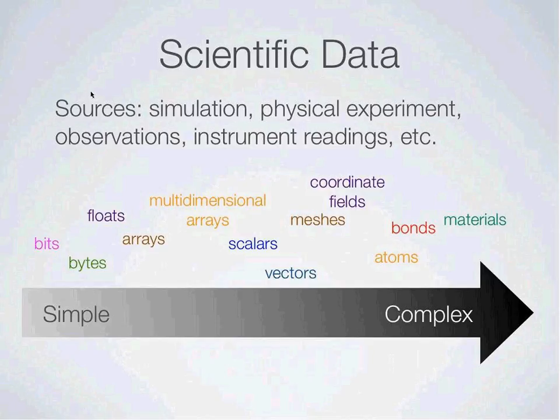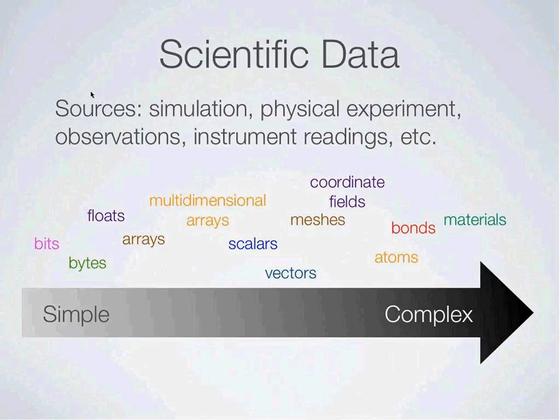So sources for what we call scientific data, of course, come from many different sources: simulations, actual physical experiments, observations, readings from instruments, etc. And so what's showing on this slide is the progression of the data to a more complex view.